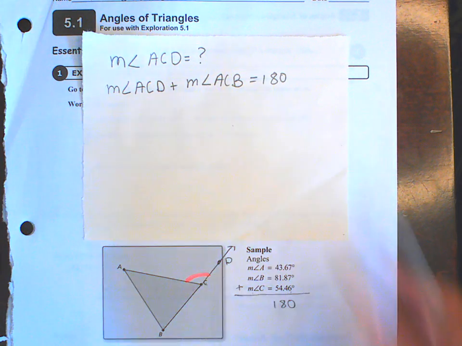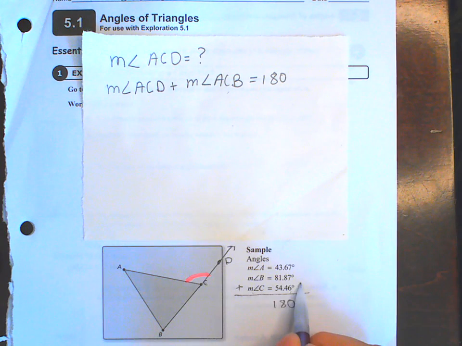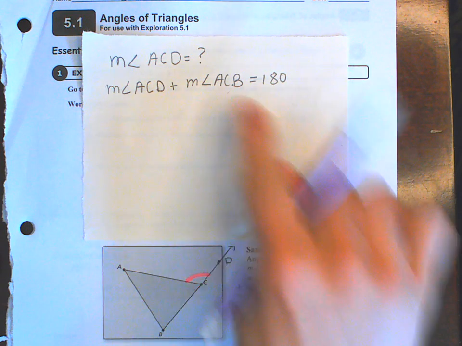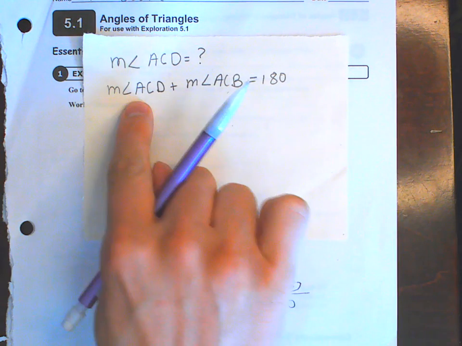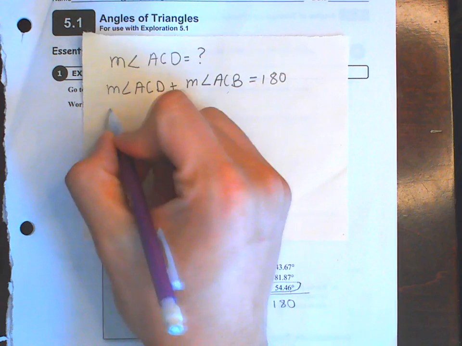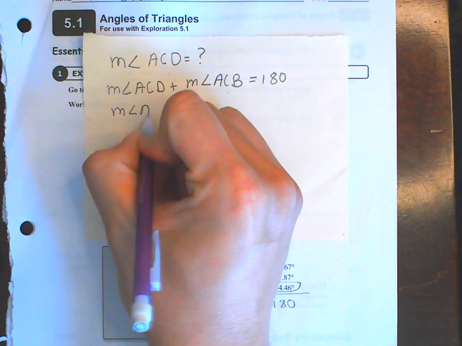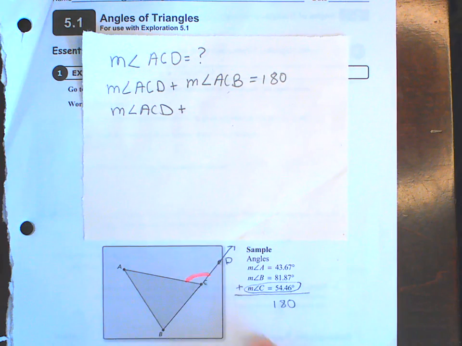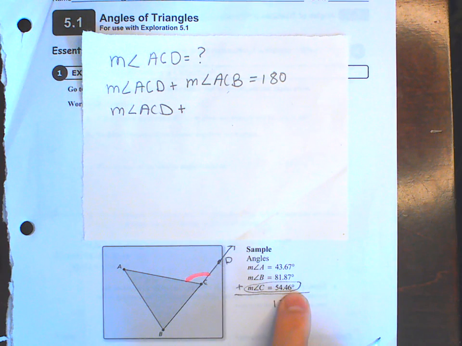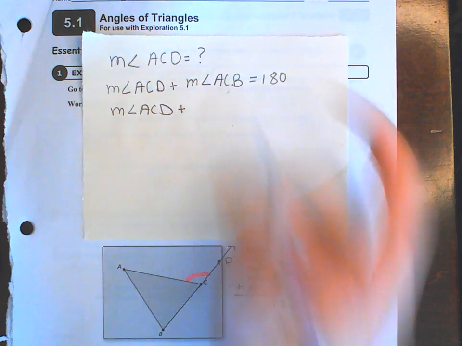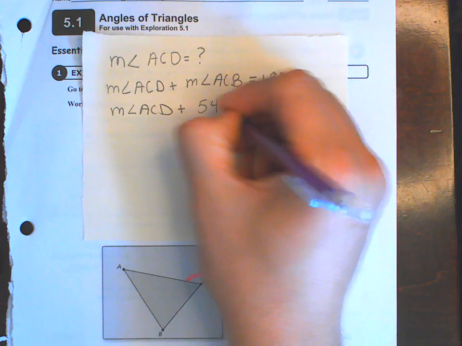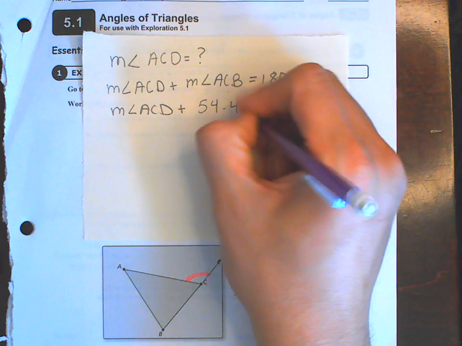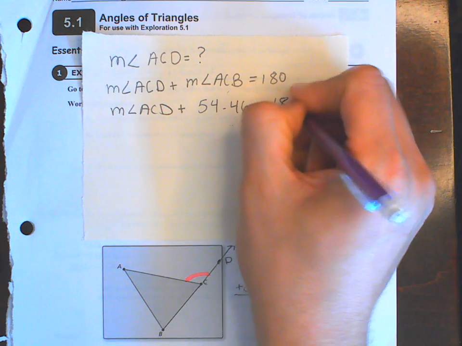Angle ACB is the same as this one, so we already know what that is. We're going to substitute that value in here. So the measure of angle ACD plus 54.46 is equal to 180 degrees.